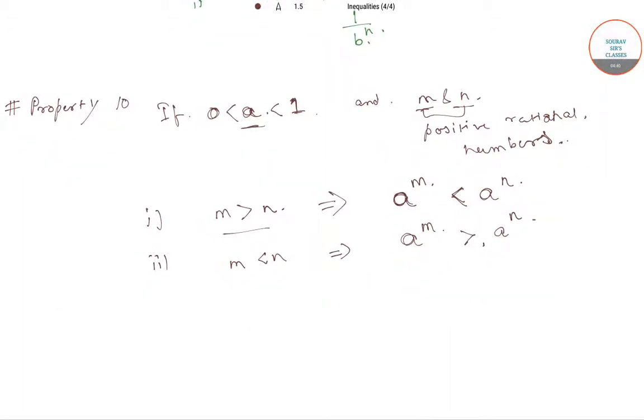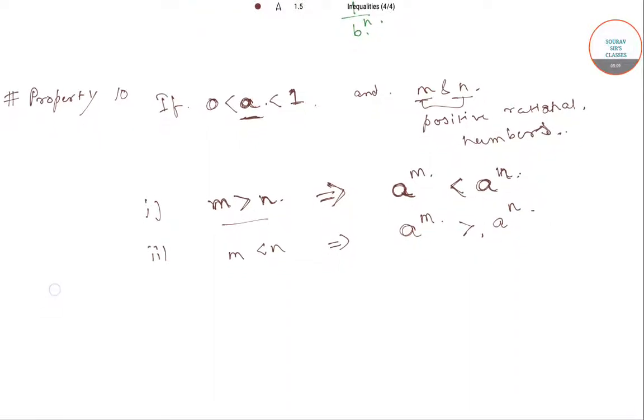So that is, if a is a number between 0 and 1, then the higher power would actually be the smaller number. As we can see, here m is greater than n, so a raised to the power m is smaller than a raised to the power n.